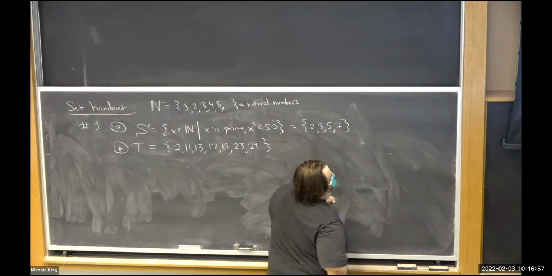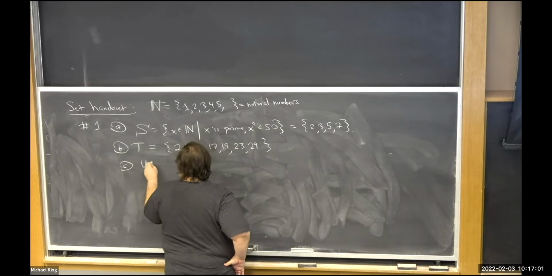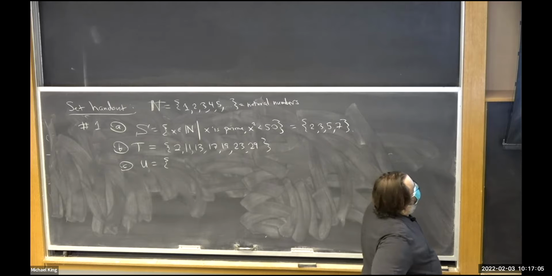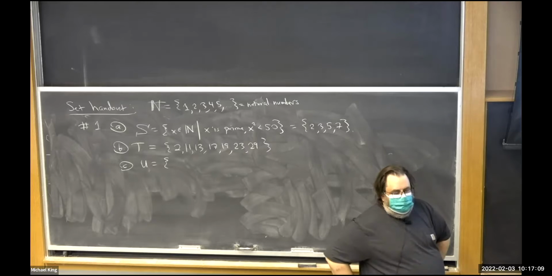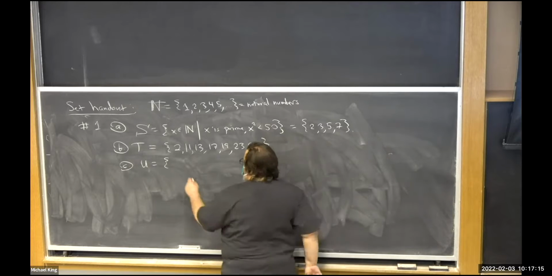What is U? Yeah, just negative. So there's no restrictions except negative. It's not prime anymore.